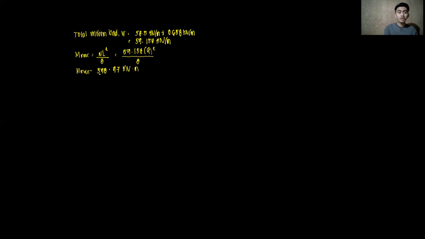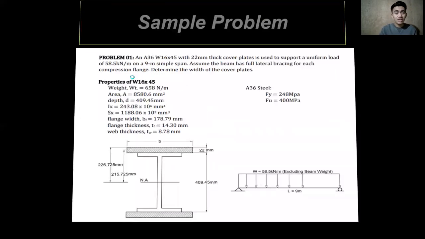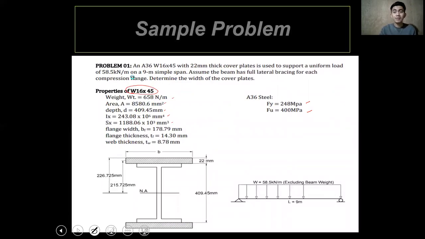So we now have your M max. How are we going to include M max in our computation to determine the value for B? Do take note that I have not given an equation for B earlier, only the thickness of the cover plates. So we need to look for equations to determine the value for B. What are the equations relating to maximum moment, and of course, the physical properties of W16 by 45?